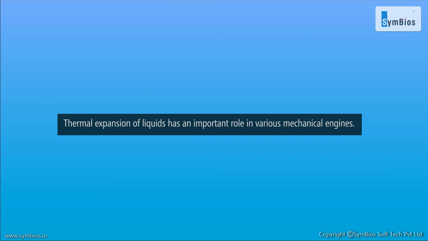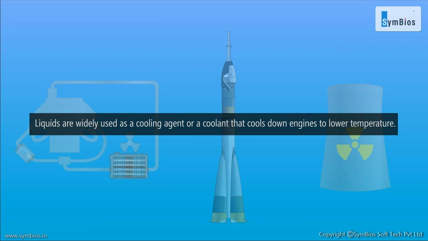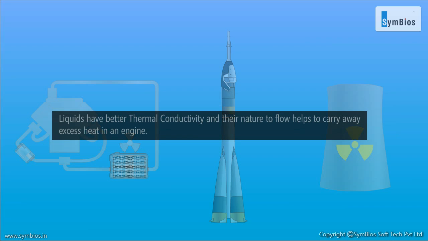Liquids and engines. Thermal expansion of liquids has an important role in various mechanical engines. Liquids are widely used as a cooling agent or coolant that cools down engines to lower temperature. Liquids have better thermal conductivity, and their nature to flow helps to carry away excess heat in an engine.